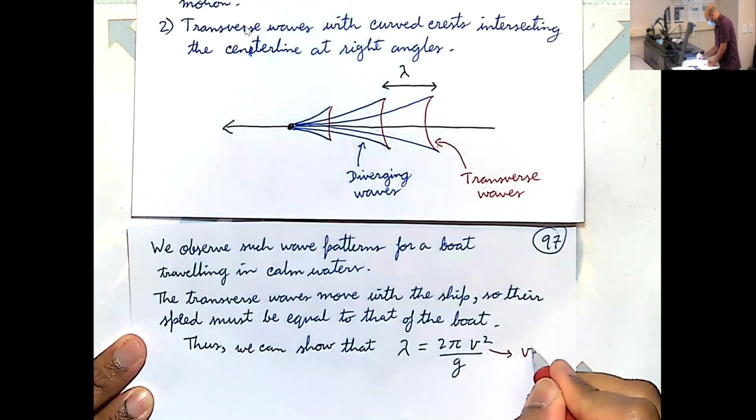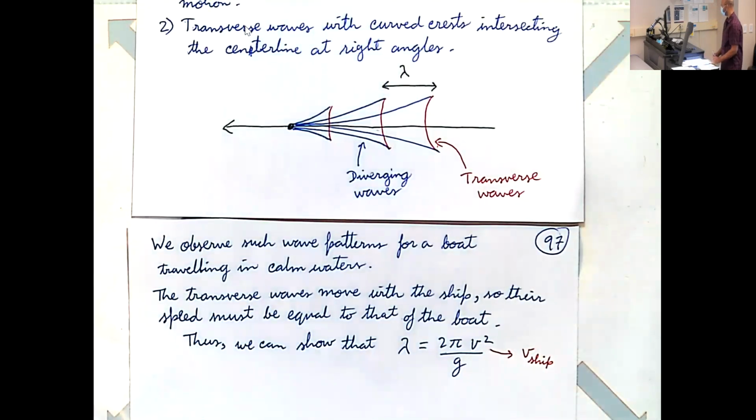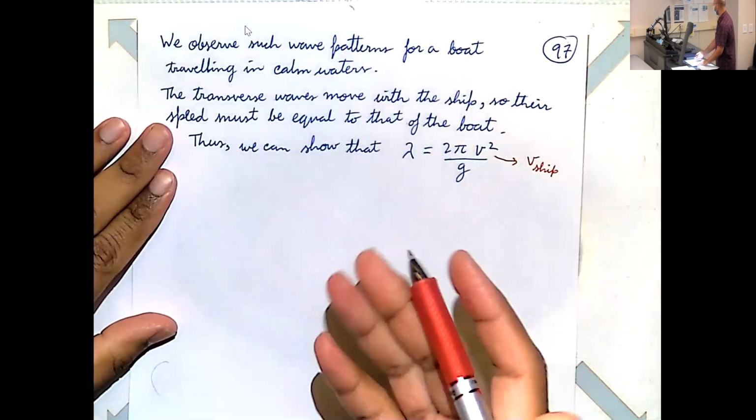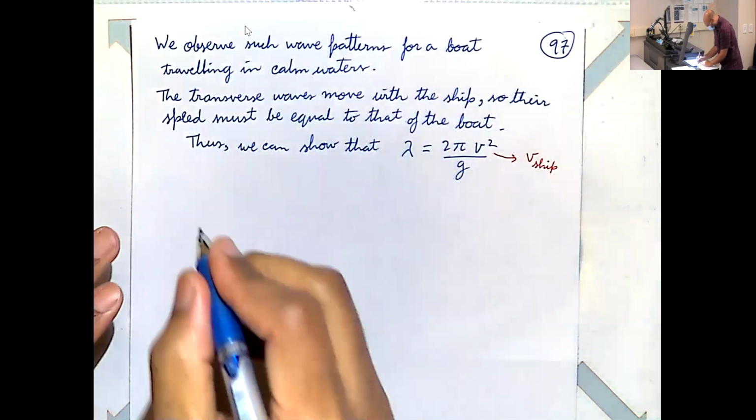This is a V ship or V boat. And to see where this comes from, you remember this equation?